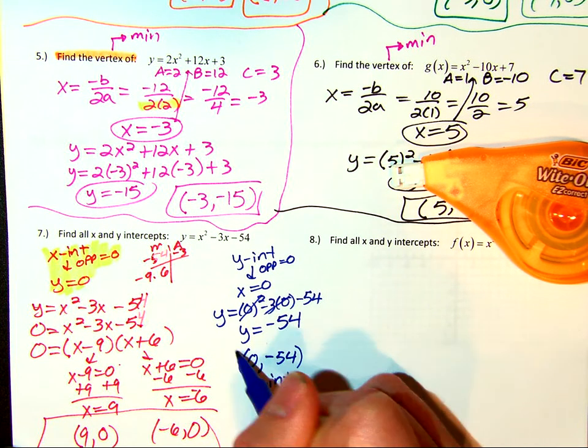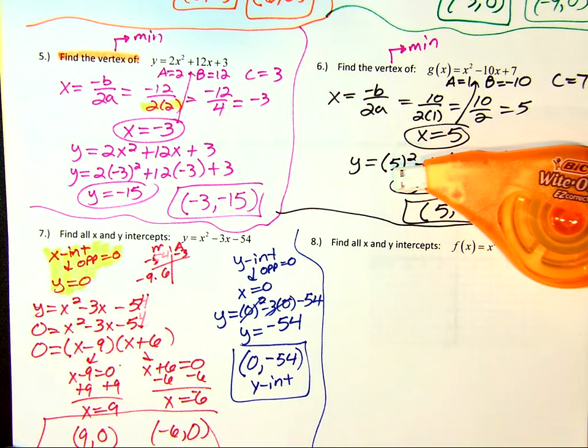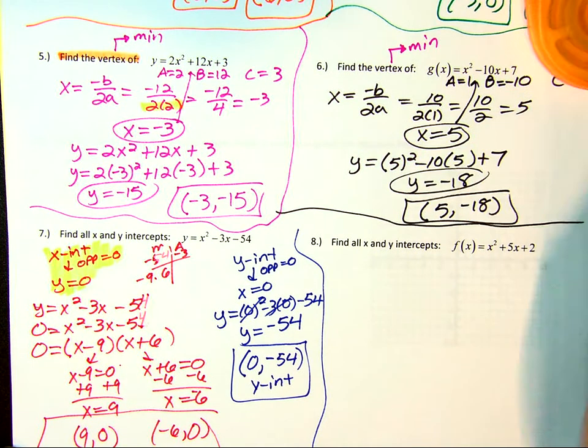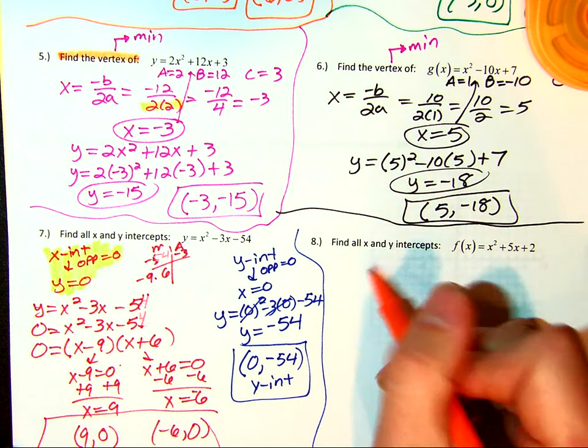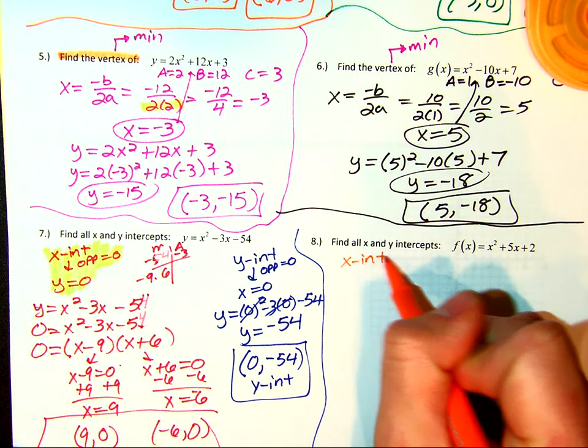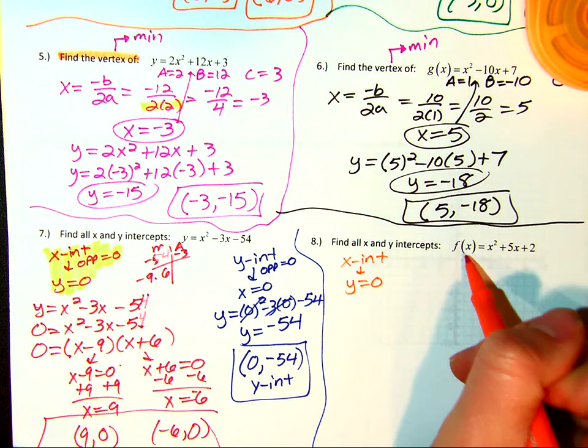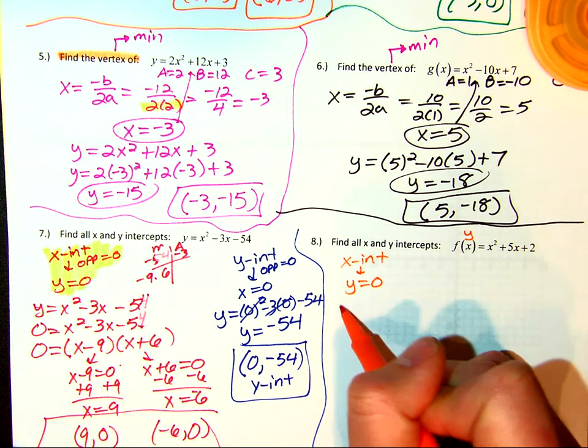Okay, then you can go ahead and do that same thing for this one, right? If I'm going to find my x-intercept, that means my y equals 0, so I put 0 in place of my y, so 0 would equal x squared plus 5x plus 2.